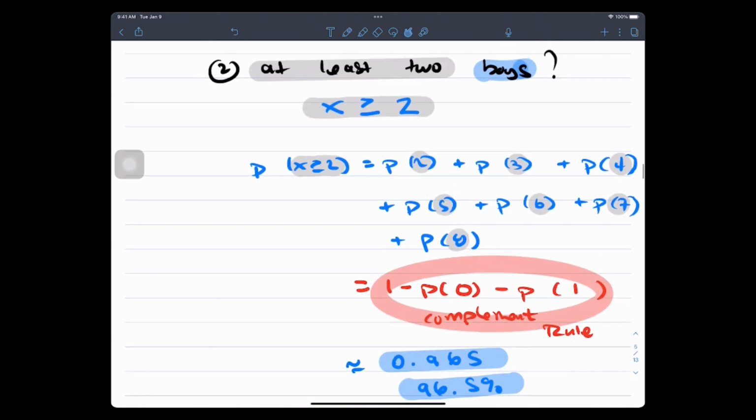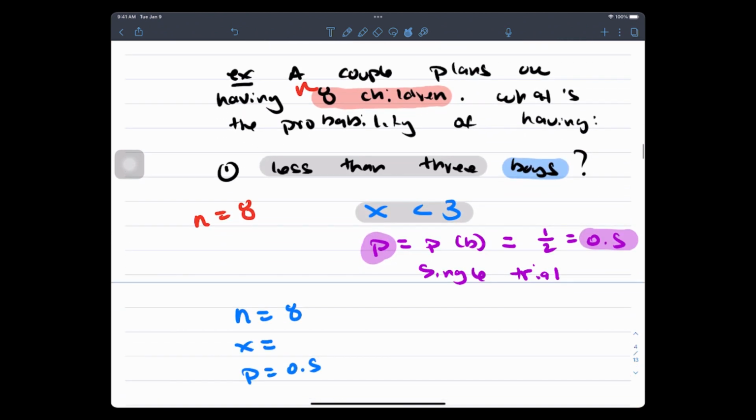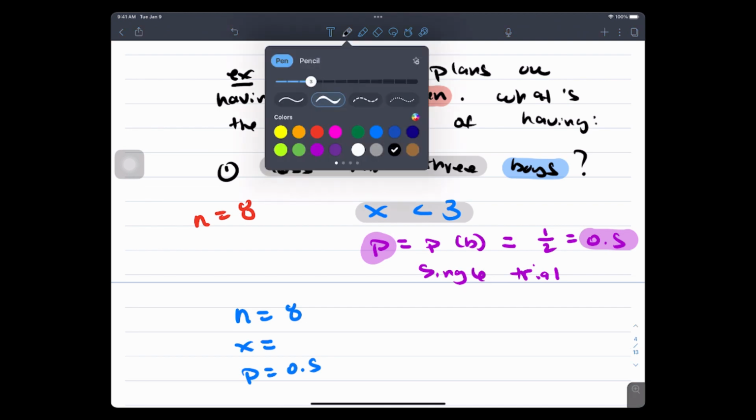What was the other example we did? Having children. A couple plans on having 8 children. What's the probability of having less than 3 boys? Let's look at the expected number of boys.